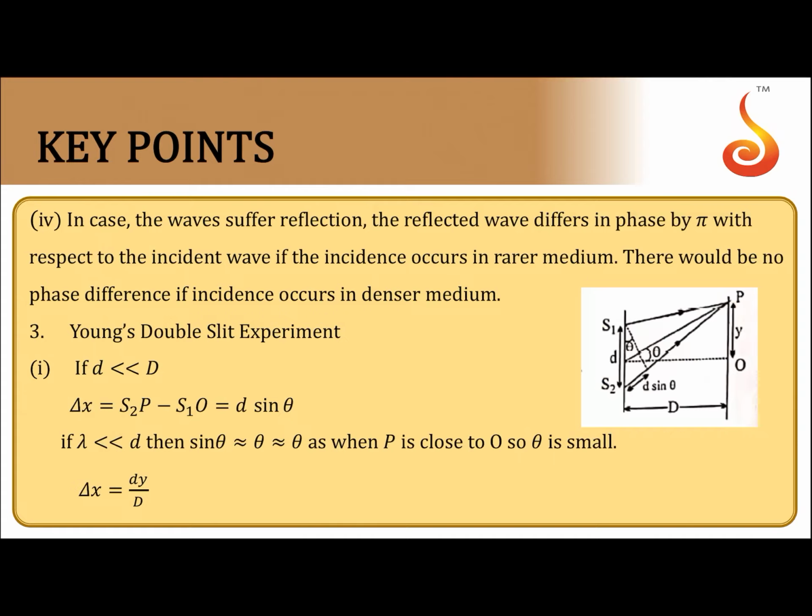Young's double slit experiment is done to observe the phenomenon of interference of light. In this experiment, small d is the slit separation, which is very small, and capital D is the distance of the screen from the double slit plane.